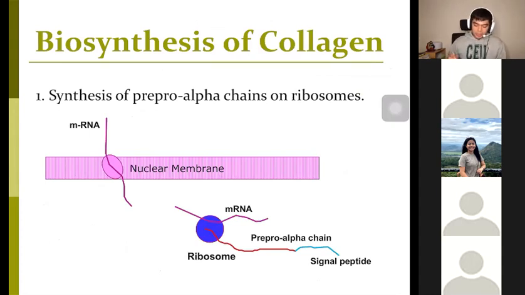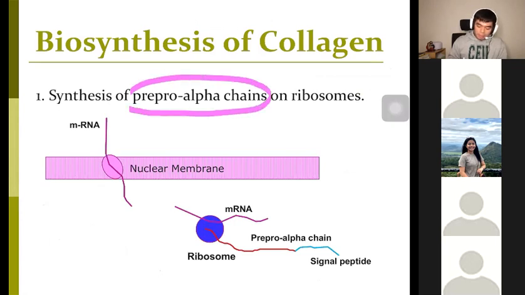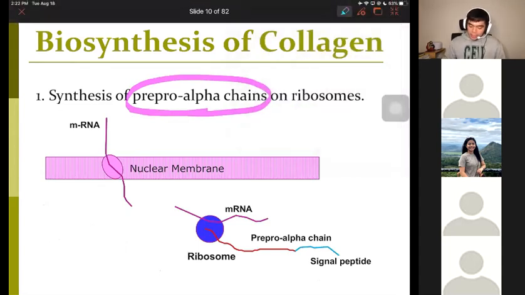So first, the first step involved is the production of the so-called pre-pro-alpha chain in the ribosomes. How does that happen?